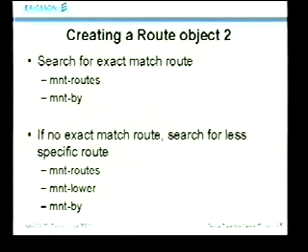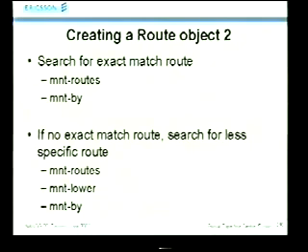If MNT routes is not present, look for MNT lower. That's not present, look for MNT by. But notice, MNT lower is only checked when you're looking at a less specific route object. If you find an exact match route object, you look for MNT routes. If it's not present, MNT by.